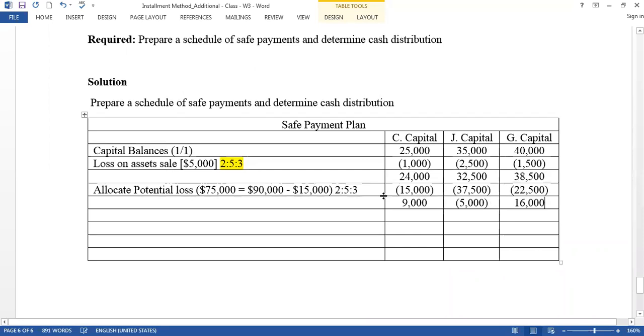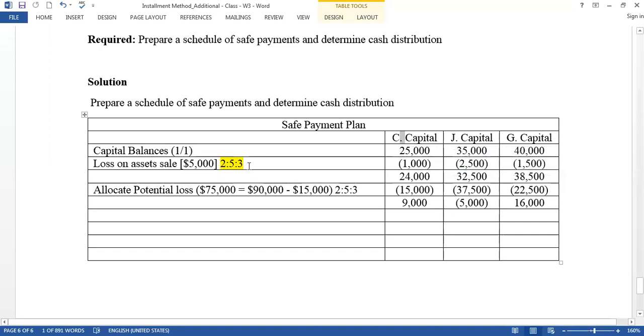Again, can you remember this is assumption 2, potential loss. Do you have another assumption? Can you remember that if there is any capital deficiency, they don't have the ability to bring their personal asset. They are insolvent. So this $5,000 is going to be shared by C and G based on 2 and 3, right?